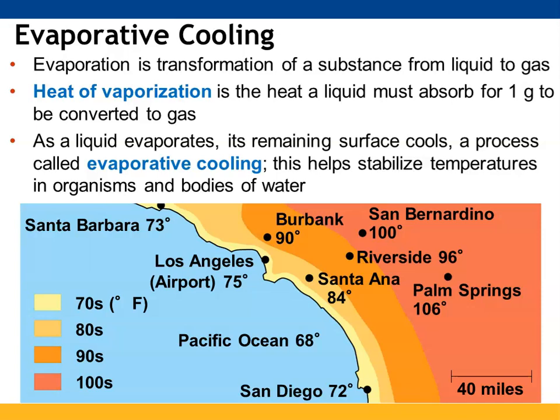And so that's why you see here in this particular map that the temperatures are much cooler as you're closer to the ocean because you have that evaporative cooling process that's able to take place. And as you move further away from the ocean and you don't have that body of water to help to moderate temperatures, we see the temperatures start to increase fairly rapidly.